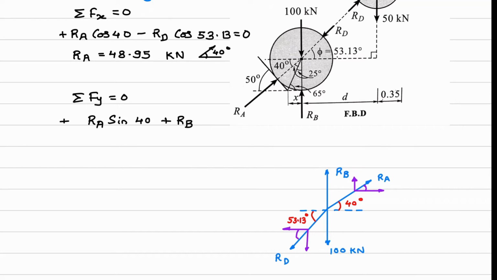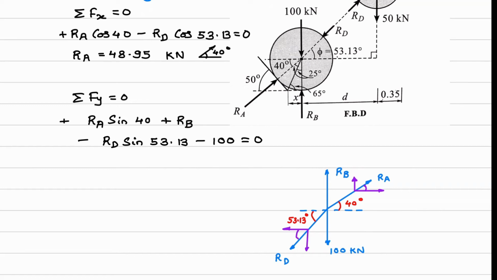The next force is in downward direction. This is the RD component, so it will be minus. So minus RD sin 53.13, and the last force, 100 kilonewton, is also in downward direction, so minus 100 equal to 0.